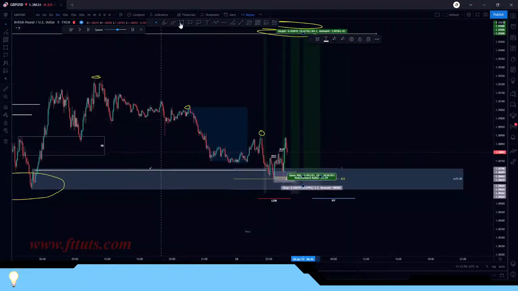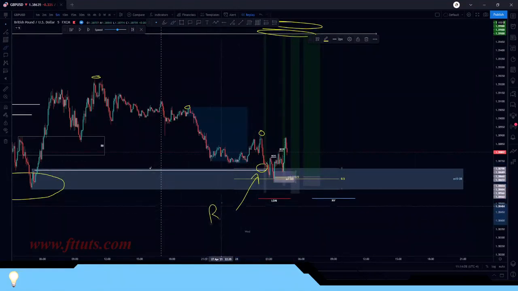We first have here our risk entry. Okay. Second, we have here confirmation entry. And then of course, these two entries over here would be a double confirmation entry where we have a confirmation of a confirmation entry.